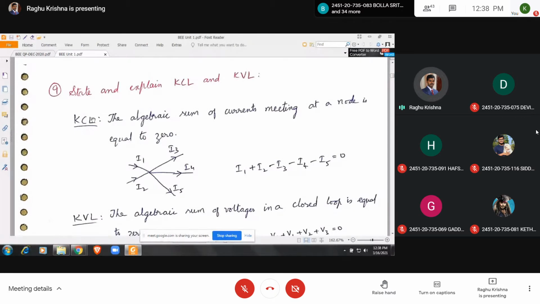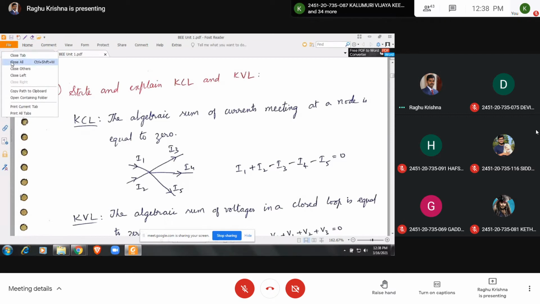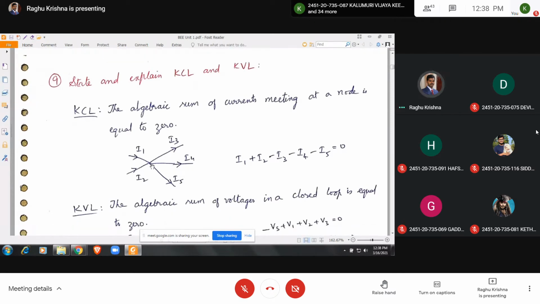The algebraic sum of currents meeting at a node is equal to 0. And you can draw currents, so you can put it like this.